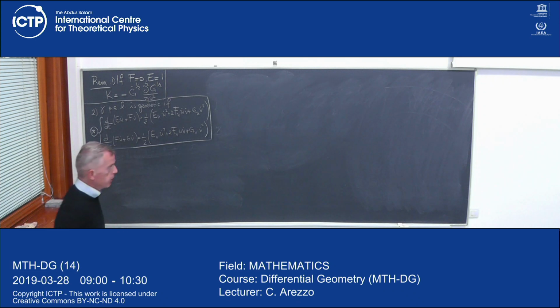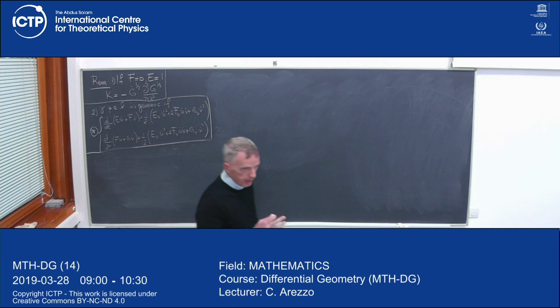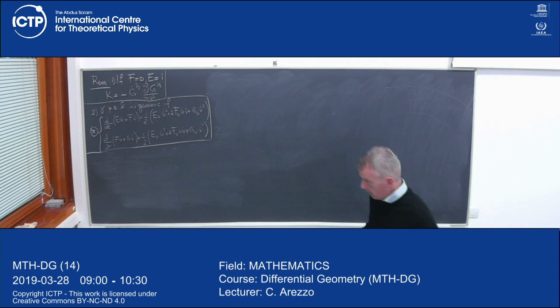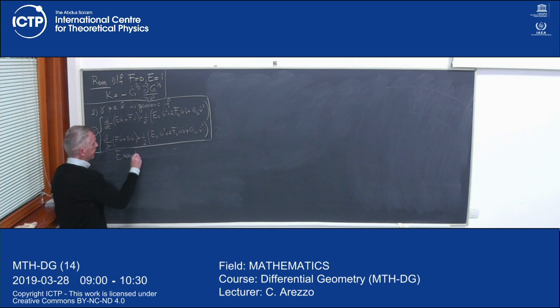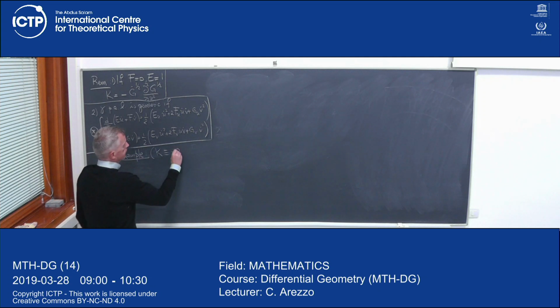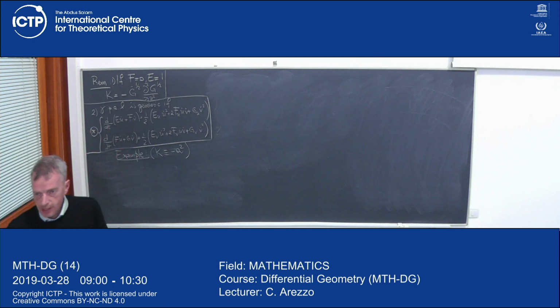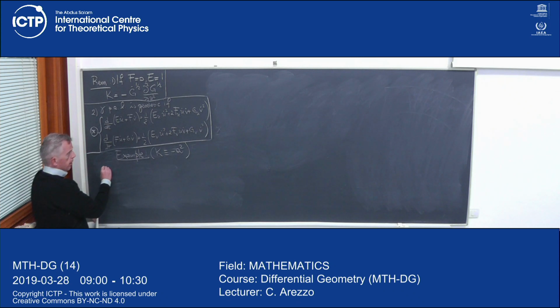So let me first give you an example of something which could be what we would call the model. Example of a surface of constant negative Gauss curvature. Pick a non-zero number a.